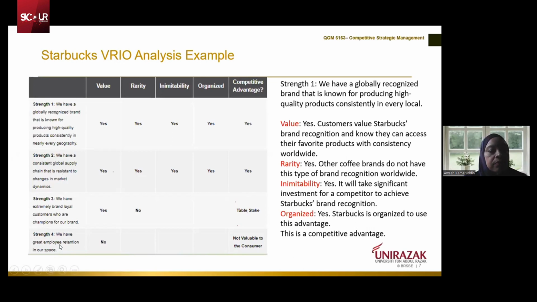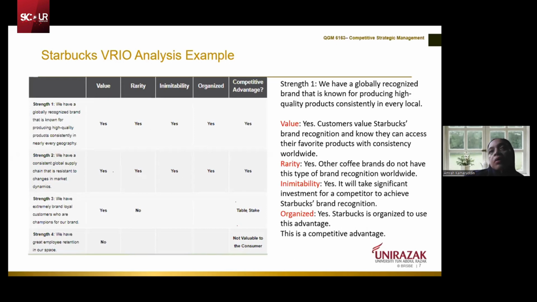And number 4, we have great employees. They have great employee information. But, if you're talking about global, because Starbucks is global, all over the world, it's not counted, because maybe in some countries they do not have very great employee retention, meaning people who stay, or maybe they are loyal.